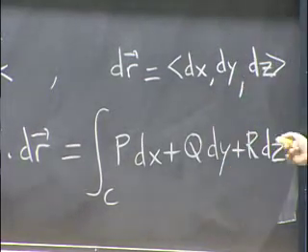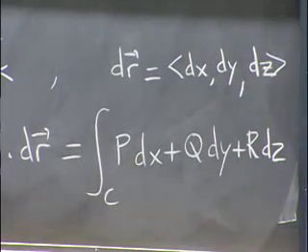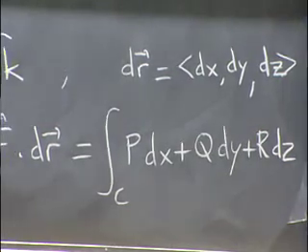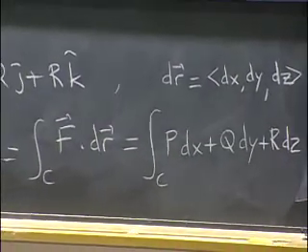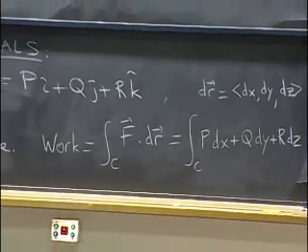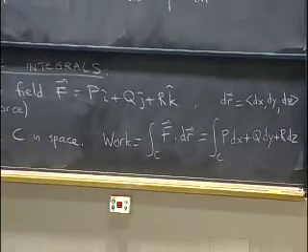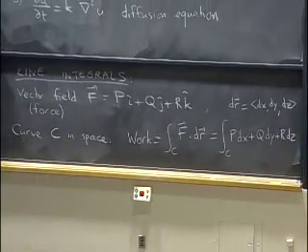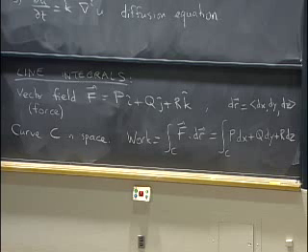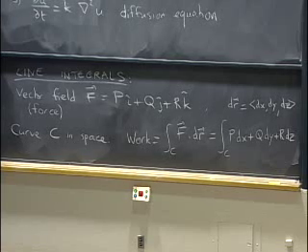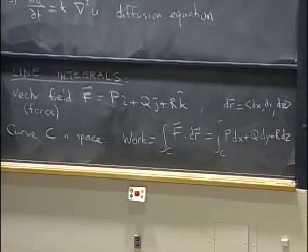Okay, but it's still a line integral. So it's still going to turn into a simple integral, a single integral when you plug in the correct values. So the method will be exactly the same as in the plane, namely we'll find some way to parameterize our curve, express x, y, z in terms of a single variable, and then we'll integrate with respect to that variable.